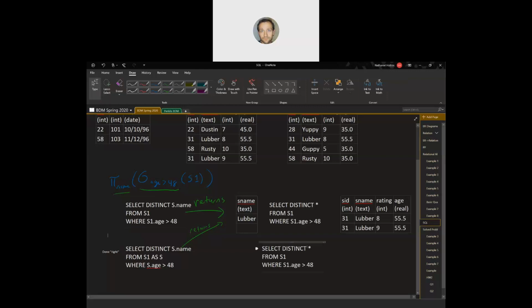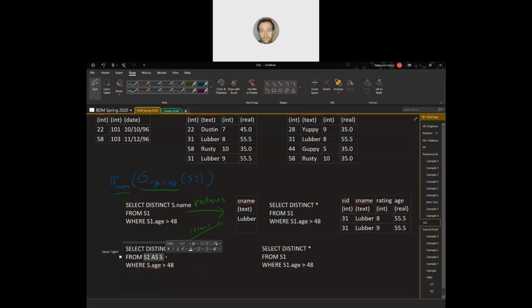The other thing is this. Okay, so this is the tangible thing that's different. For this class, the first thing I want you to do is to rename tables. This doesn't have an effect on the output, but when you're writing, in particular, complicated SQL queries where you're referencing the same table many times, renaming it makes your life a lot easier and will avoid mistakes.